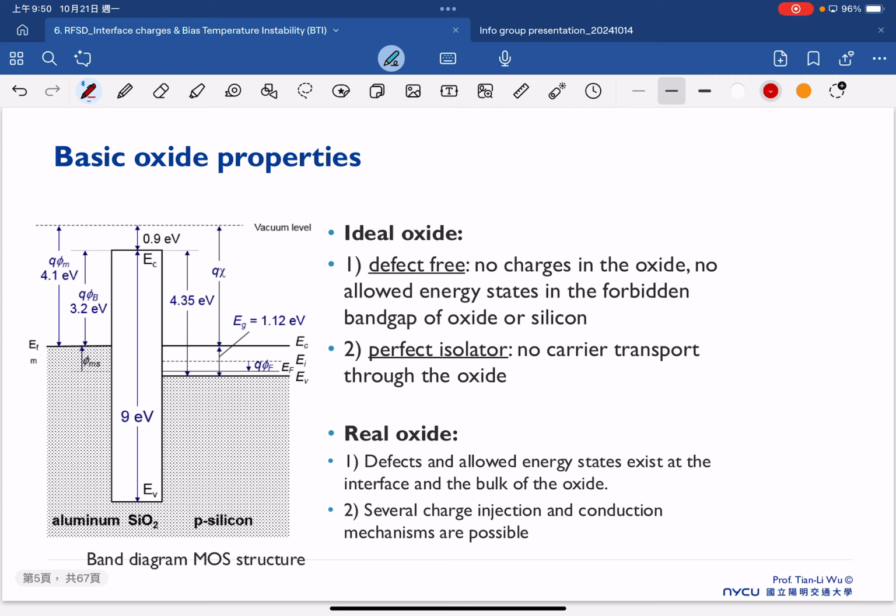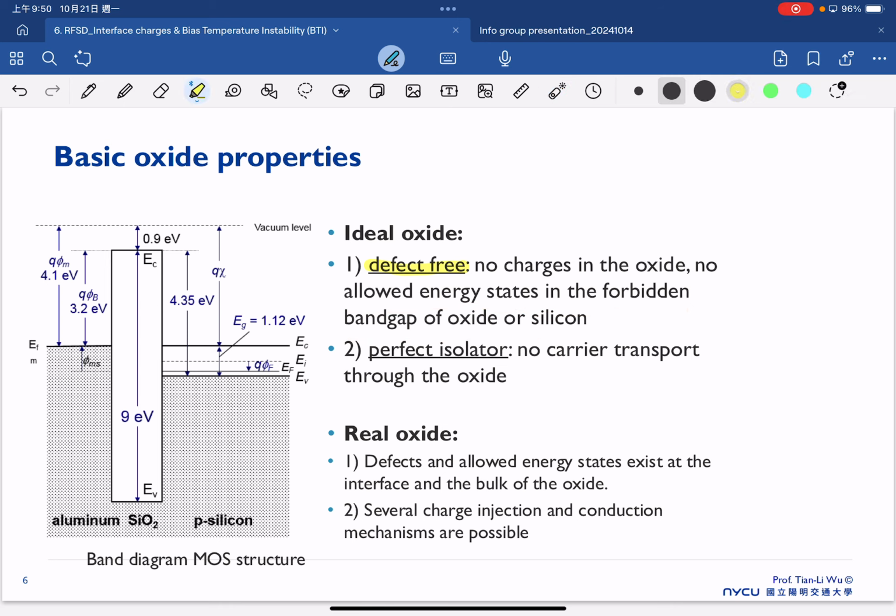Okay, so now we have to understand the ideal oxide, which is defect-free. We consider the ideal oxide to have no charge in the oxide and no allowed energy state in the forbidden band gap of the oxide.